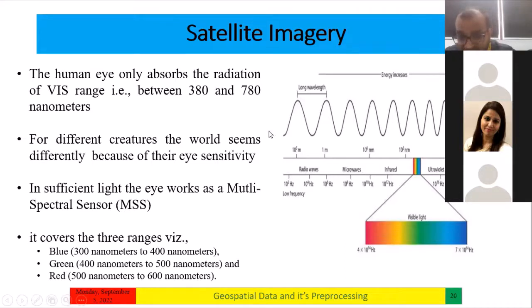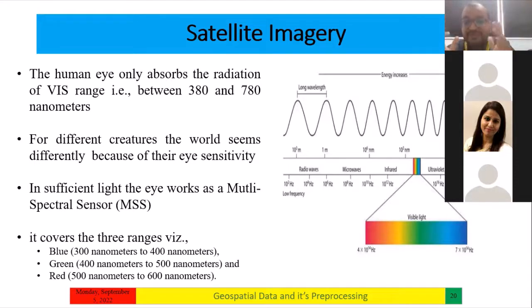If this entire range is treated as a single range, then only one image will be captured, and that will be called a panchromatic image. For example, if there is a satellite whose sensing ability is in the range of 0.3 micrometer to 0.6 micrometer, that is the visible range only.